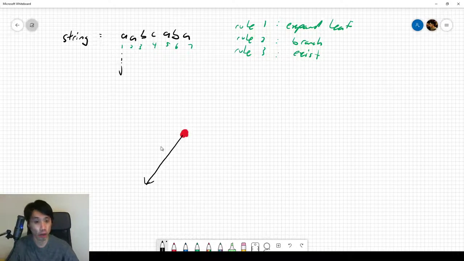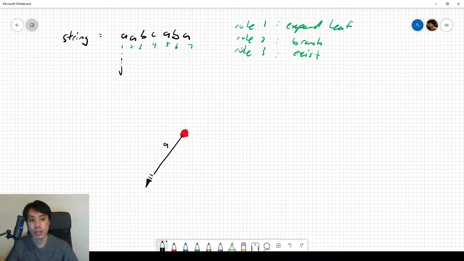Each time I branch, I'm going to create a new leaf. Instead of drawing a circle for a leaf, I usually like to use a different symbol. If you have ever followed my tries or trees from 2004, I usually use a different symbol to denote what my leaf is. And my alphabet will be A.